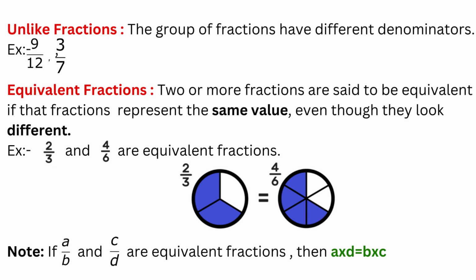And the right side circle is divided into six parts and we shaded only four parts that represents 4 by 6. See, the division is different but they represent the same area. Such type of fractions are called equivalent fractions.